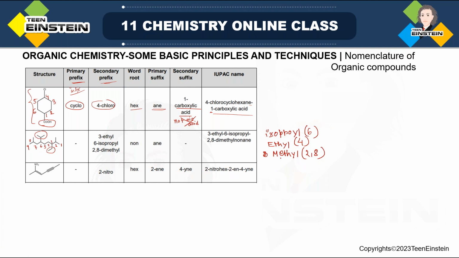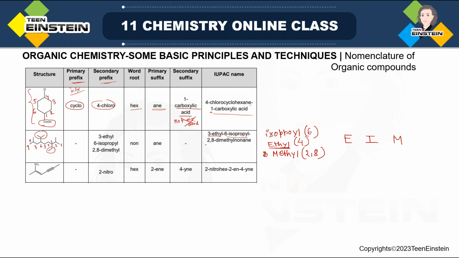Now if we follow this, in the final name you have to write ethyl first, because E comes before I or M, and then I for isopropyl and M for methyl. Remember, when it is isopropyl, I should be considered as the alphabet, because if you are simply following P, then it should not be before methyl, M N O P, P is after M, but we are giving priority to I. So that is why ethyl is written first, 3-ethyl, 6-isopropyl, whatever is the position, alphabetical order should be made.